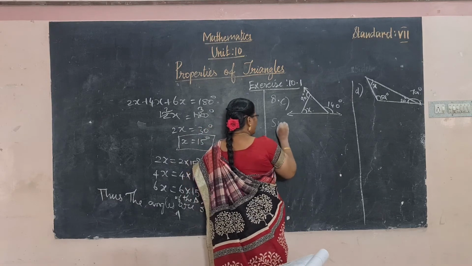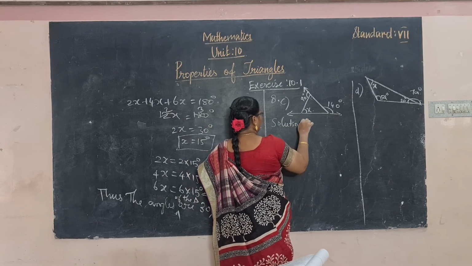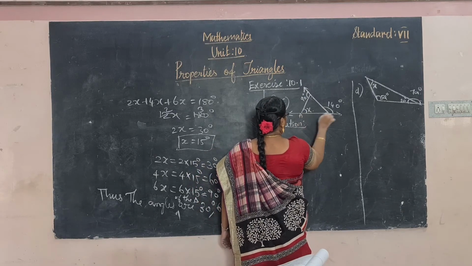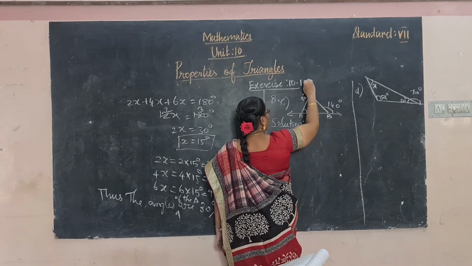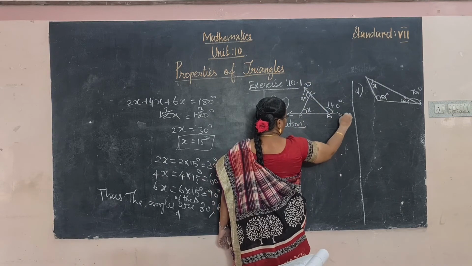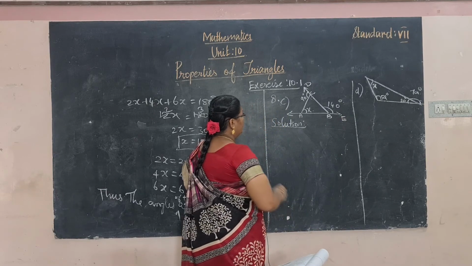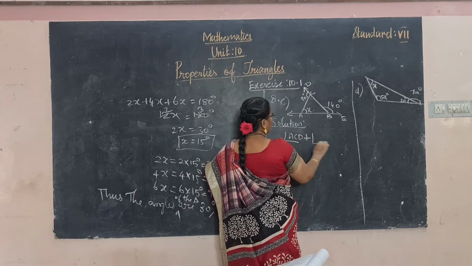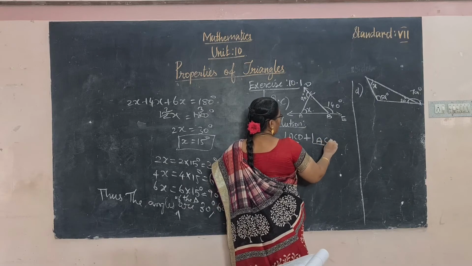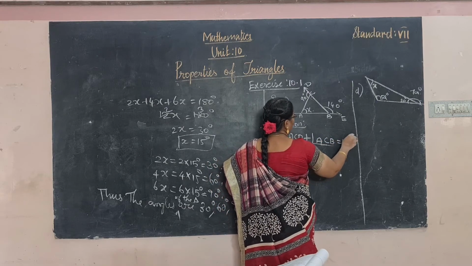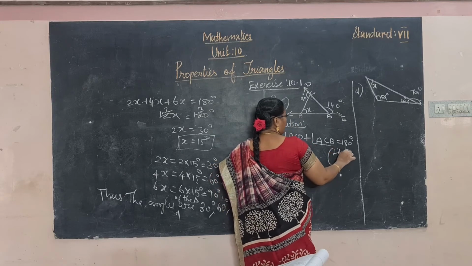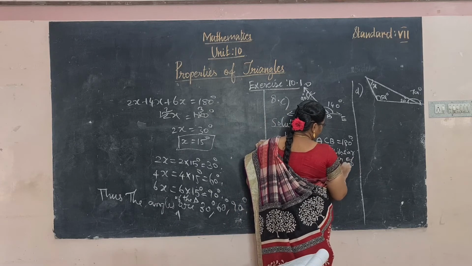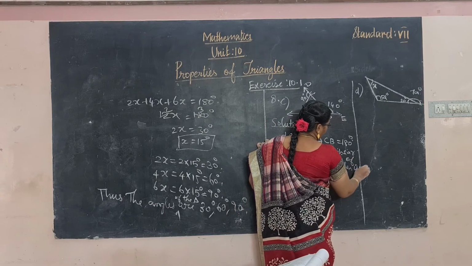So solution, we denote the angles A, B, C and D, here E. So angle ACD plus angle ACB is equal to 180 degree, since linear pair of angles is 180 degree.